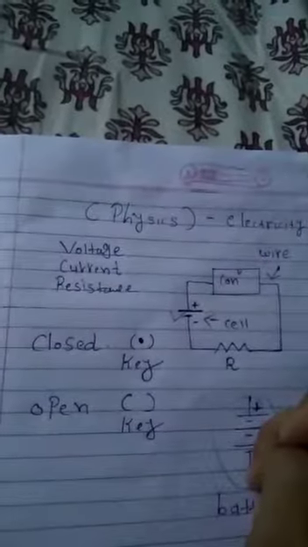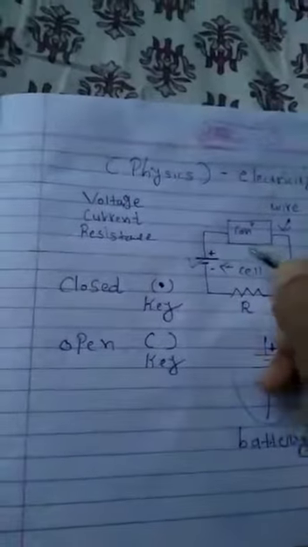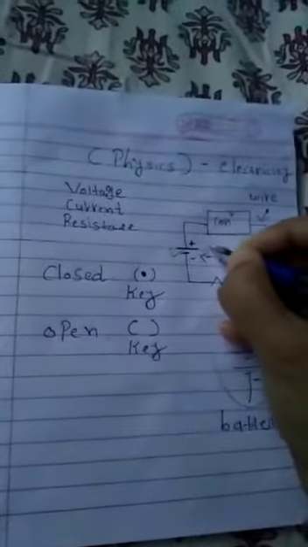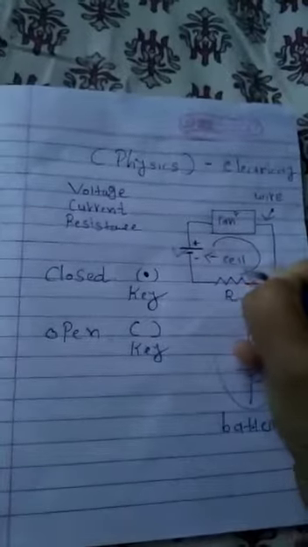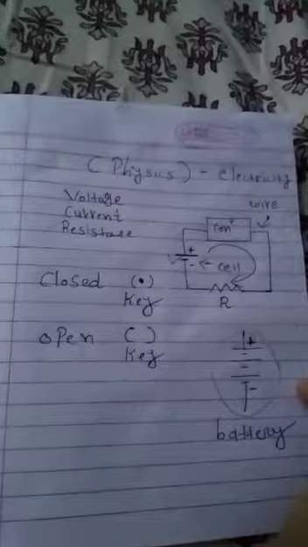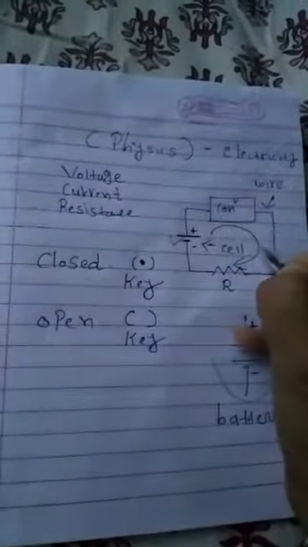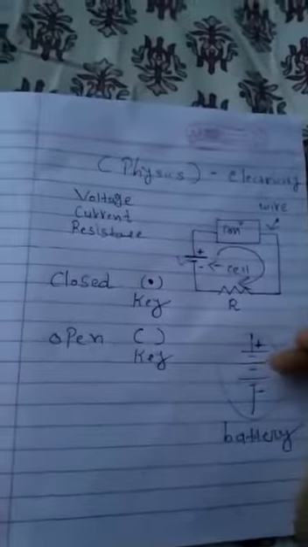Okay, second point, current always passes from the positive to the negative side. What is the direction of current? Positive to negative direction.